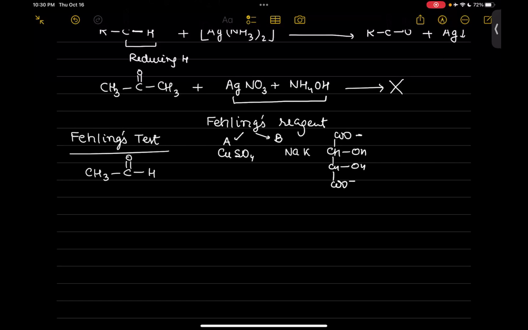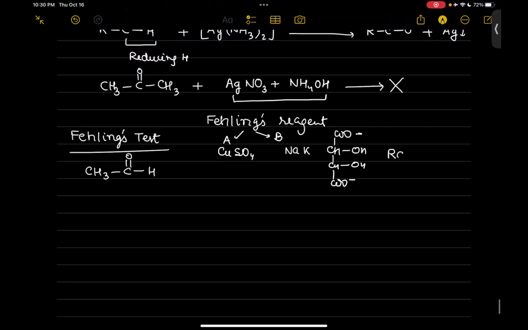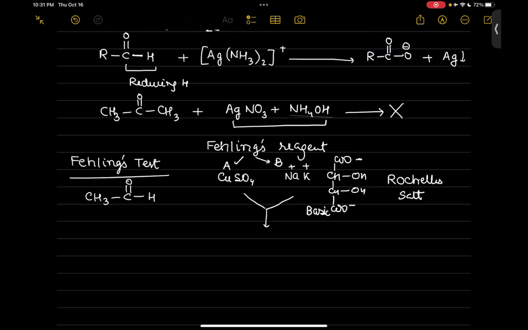This is also known by the name of Rochelle's salt. They are mixed together to form the Fehling solution. Both of these tests, whether it is the Tollens' test, which is in basic medium with ammonia in it, or this one, are in basic medium. Initially, it is blue in color.